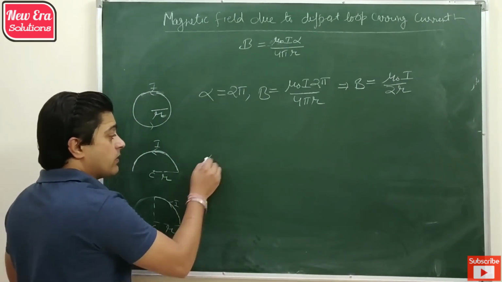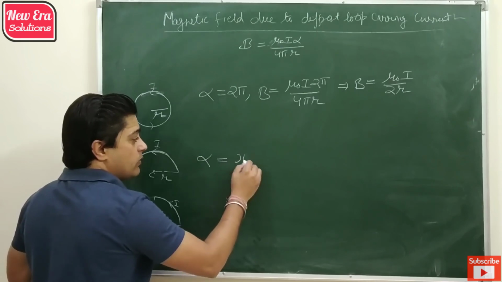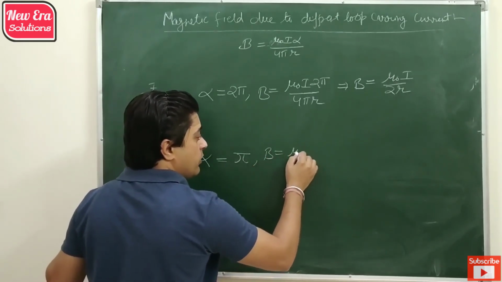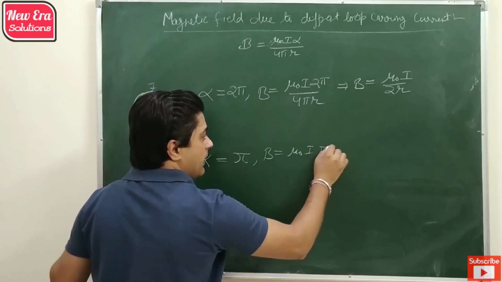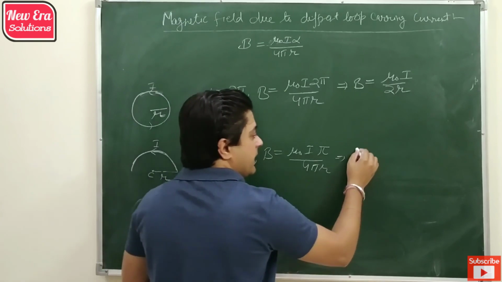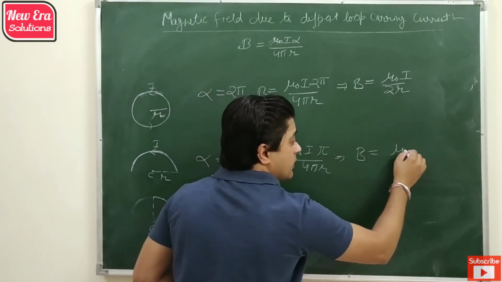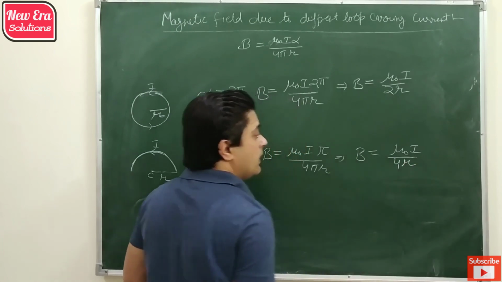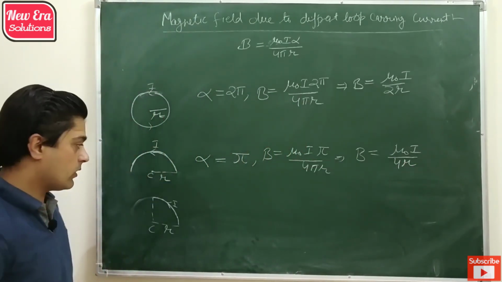Then for the semicircular loop, alpha is equal to pi, then B is equal to mu naught I pi by 4 pi r. So the magnetic field at the center due to a semicircular current carrying loop is mu naught I by 4r.